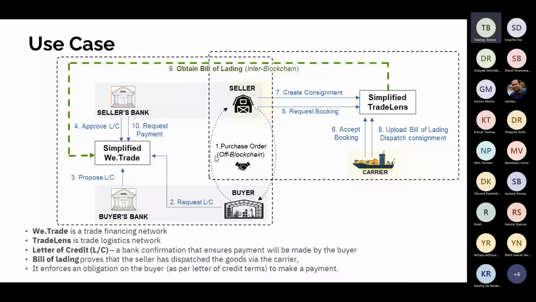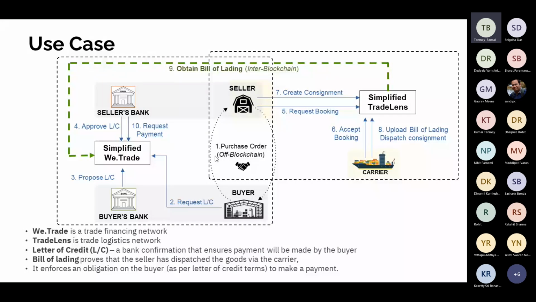So the buyer's bank would propose that LC, and the seller's bank, maybe in Australia, would honor it, meaning that if the buyer has this 1 million Australian dollars equivalent, maybe in Indian rupees, and the items are received in order, then we guarantee that you will get this payment. You see that this is something that is done in this we.trade blockchain network.